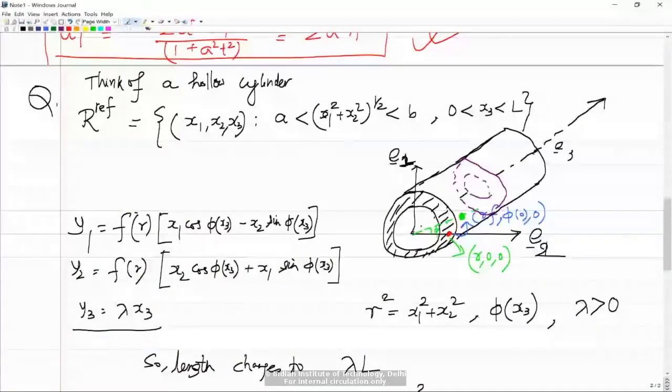If you look at this cross section, then the entire cross section as a whole is rotating by that angle phi. Every point of this cross section is rotating by that angle phi.